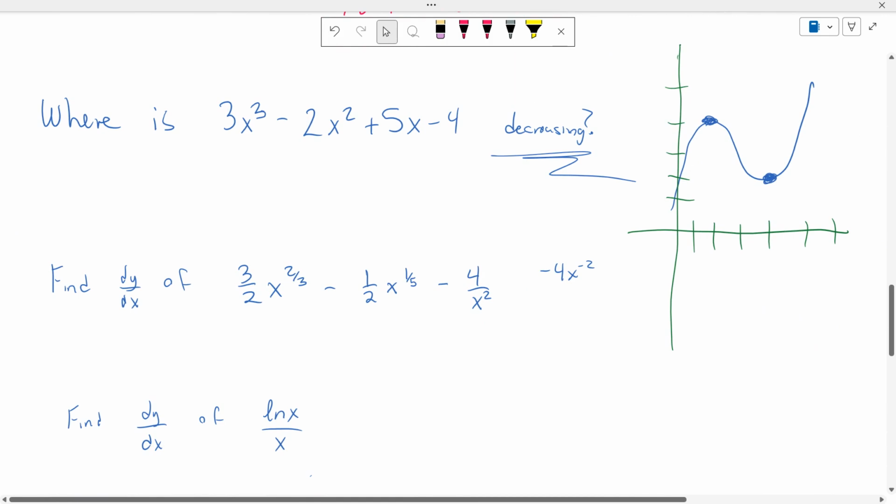Where is this function decreasing? Where is this function 3x cubed minus 2x squared plus 5x minus 4 decreasing? I would say between 2 and 4.